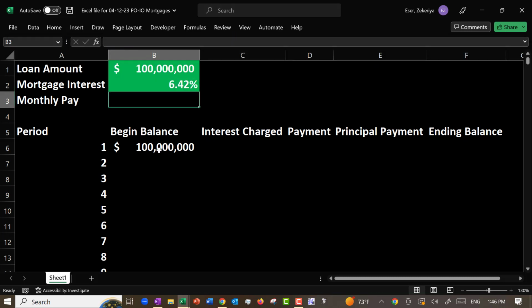I can calculate the monthly payment. There's a PMT function in Excel. That's my rate divided by 12. Number of periods, 360. Present value is that.